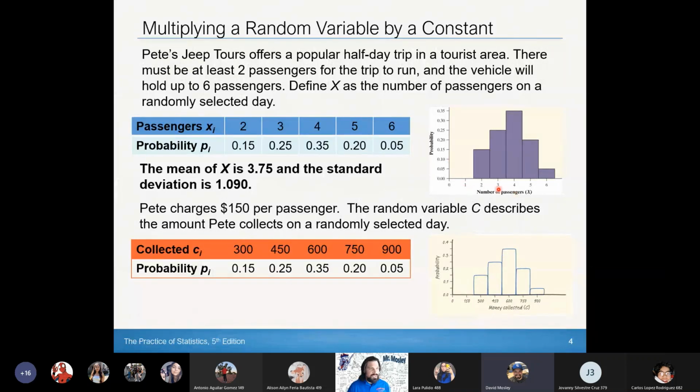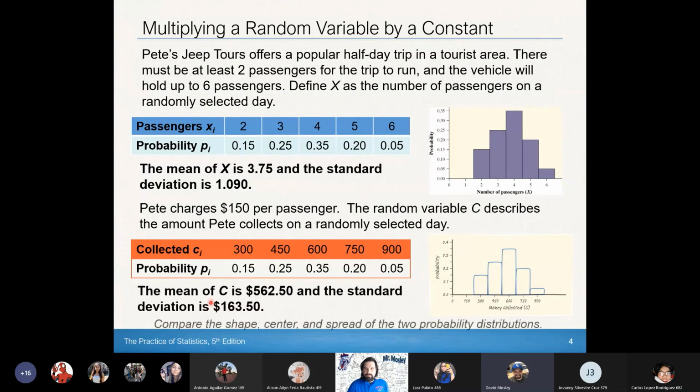Instead of number of passengers going from 0 to 6, we have money collected going from 0 to 900. So that has to change, but the shape stays the same. And our probability y-axis looks the same as well. The mean of C is 562.50 and the standard deviation is 163.50.